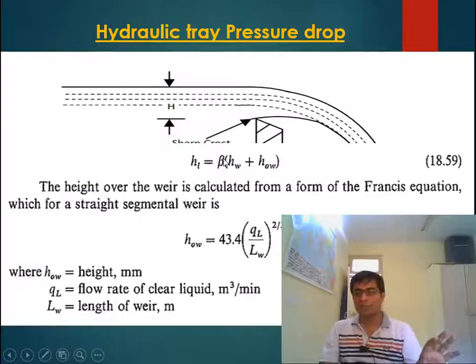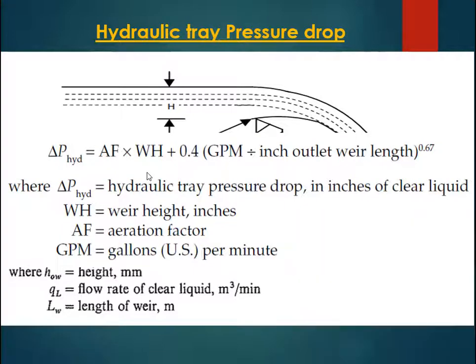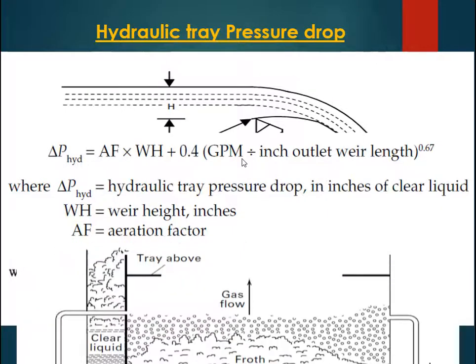So here this beta has some other meaning. But in the Working Guide to Process Equipment by Lieberman, they have given the hydraulic tray pressure drop as equal to the adhesion factor times the weir height plus this crest height in terms of clear liquid. So that will be my hydraulic tray pressure drop.